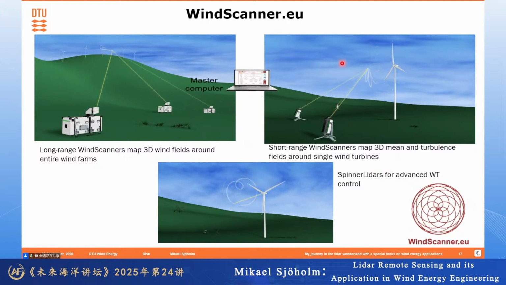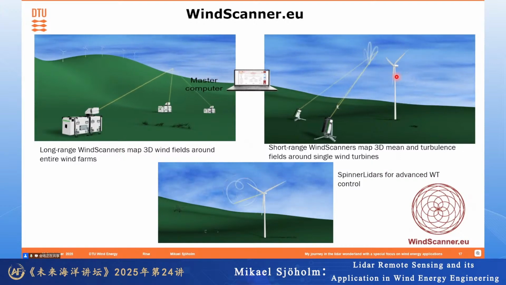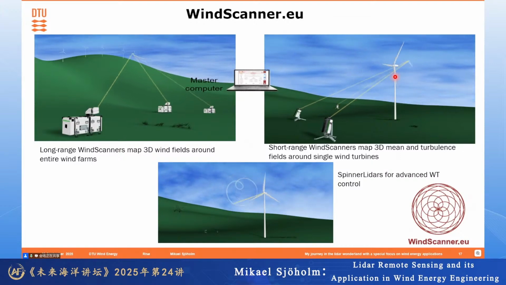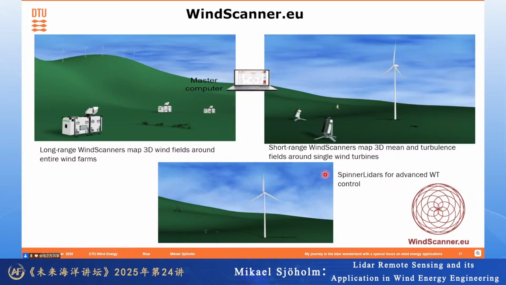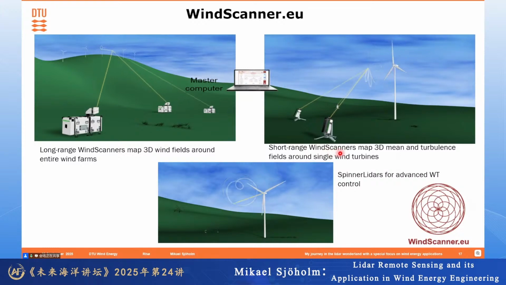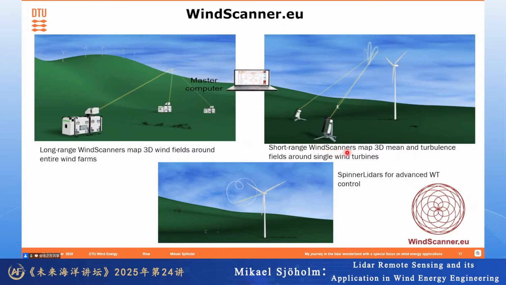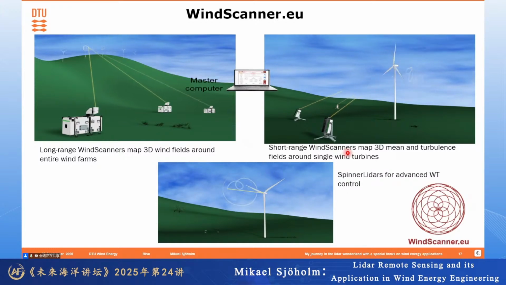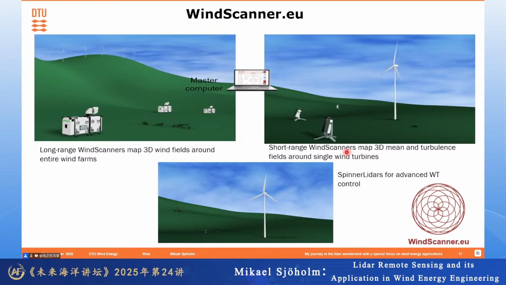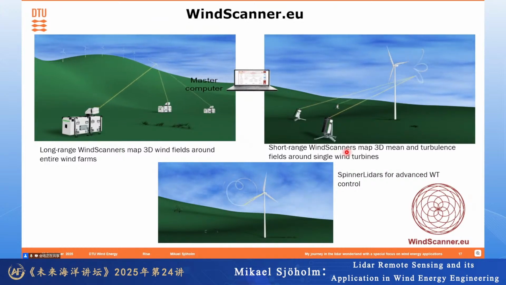Also on shorter range with continuous wave system, we have also developed that. At that time, like 15 years ago, we developed the scanning heads that are now used. I will come back more to the details of the continuous wave system and the pulse system. We can just mention it is the classical with two mirrors that can be turned around.